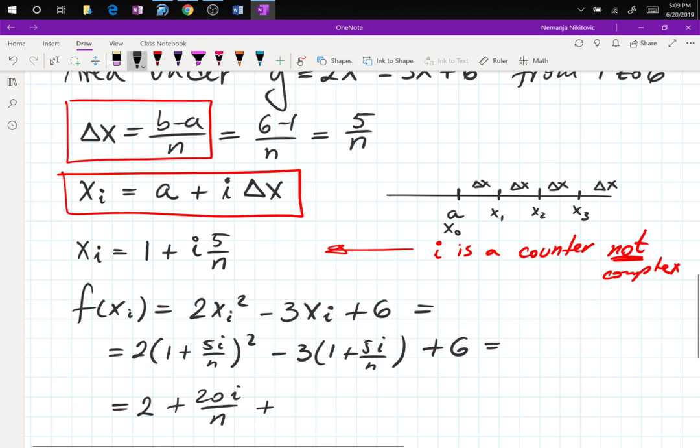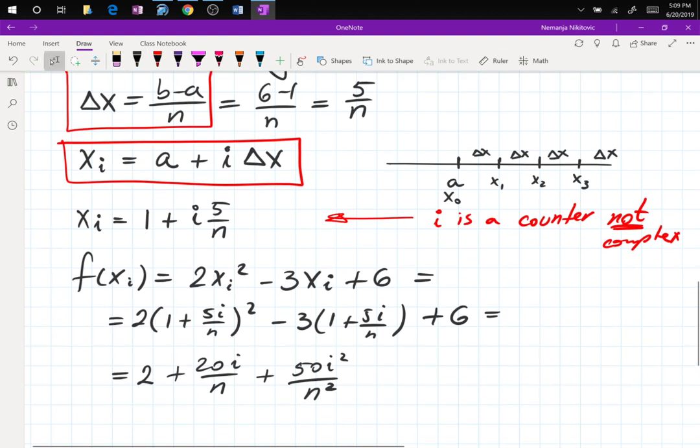Plus the last one squared is 25 times 2, 50i squared over n squared when you square. So that's the square of a binomial, right? Your pre-calculus. Square of a binomial. So a squared plus 2ab plus b squared, and you have to double each one because of the 2 in front. So we did that.